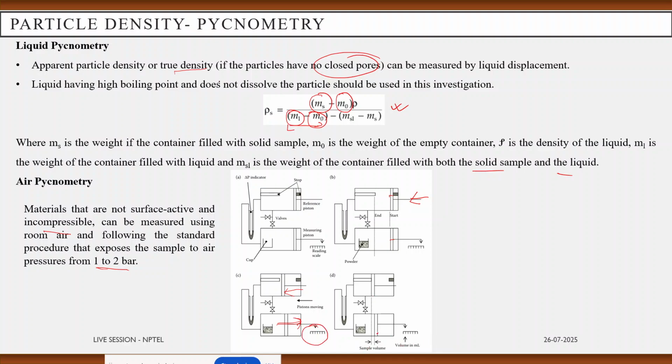The sample volume will be this much displacement gap, denoted as volume in ml. So this is the method of air pycnometry. We use normal air conditions and the sample should not react with the air, it should be non-reactive.